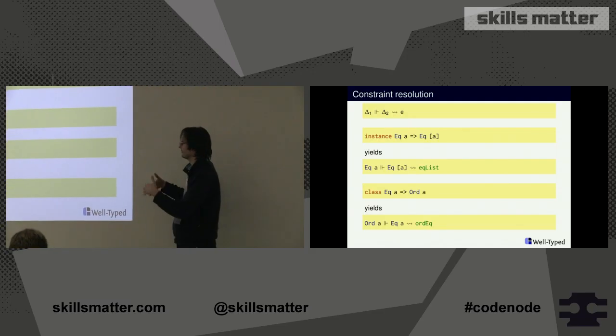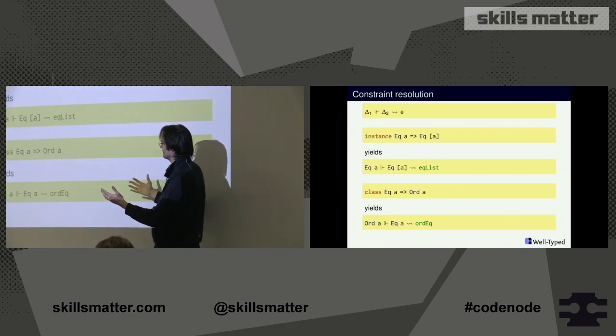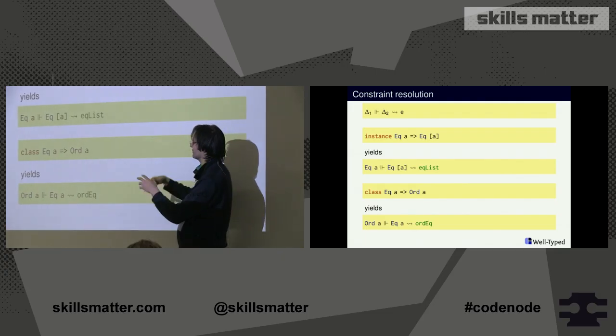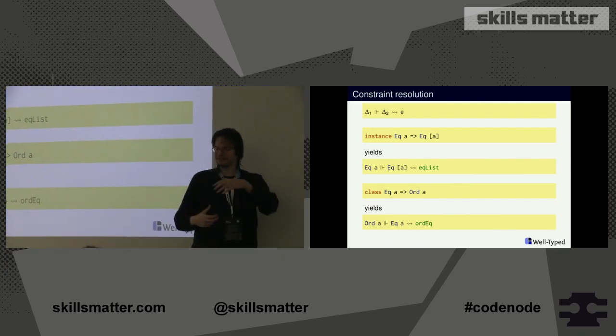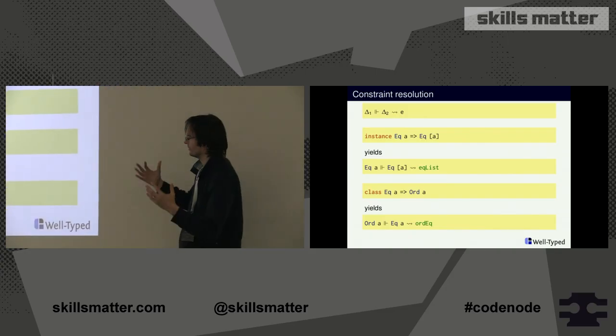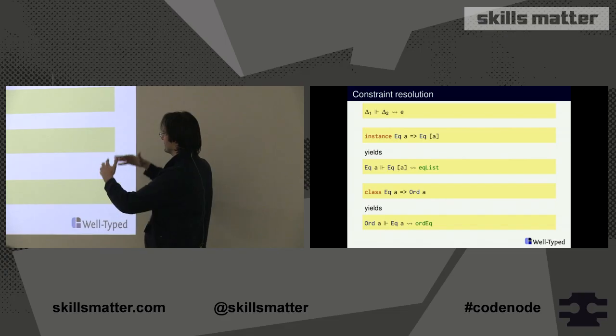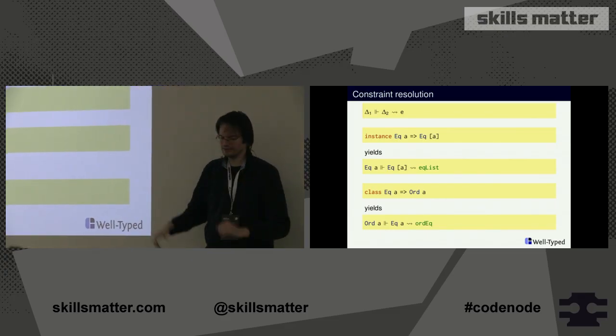And then you have all sorts of standard extra rules, for example, transitivity on this strange relation that corresponds to composition, and things that correspond to function application and so on and so forth, that allow you to use these basic building blocks that are given by the instances and the classes to build up larger dictionaries.